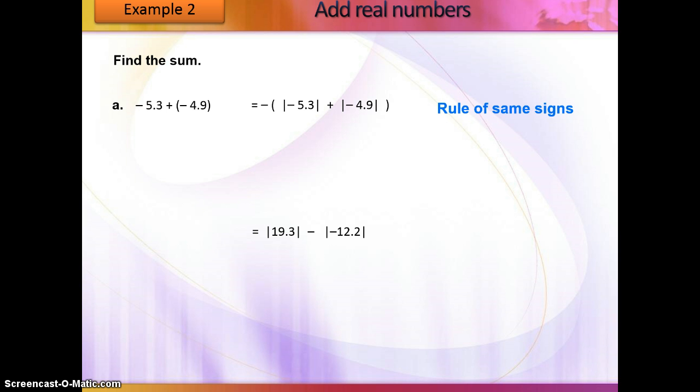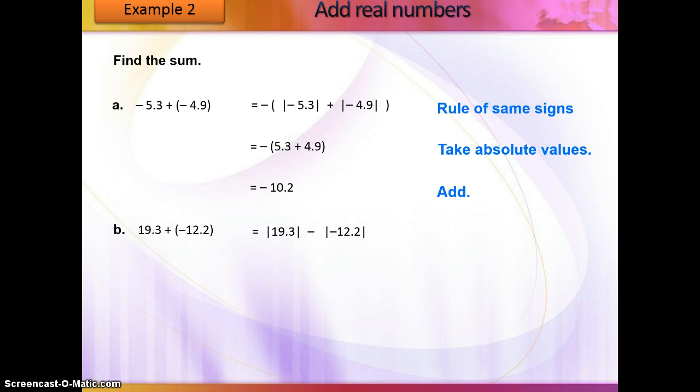So the absolute value of negative 5.3 is positive 5.3. The absolute value of negative 4.9 is positive 4.9. So 5.3 plus 4.9, we add those together to give us 10.2. So we keep the sign of both numbers, which is negative. So our answer is negative 10.2.